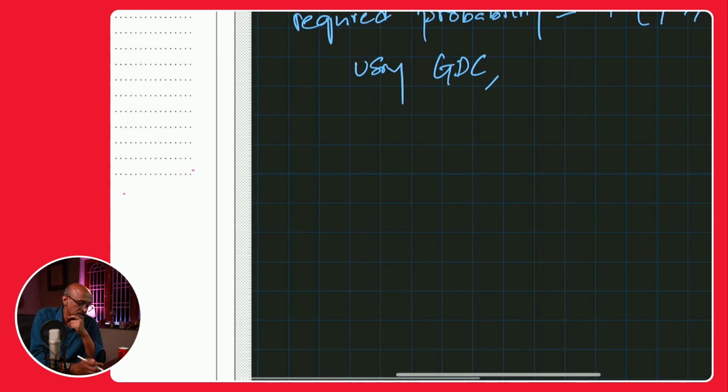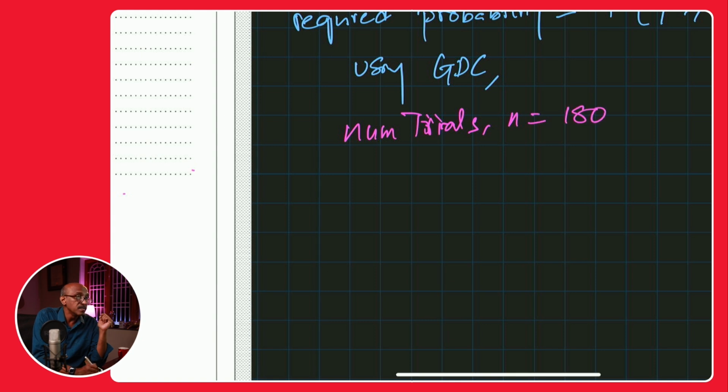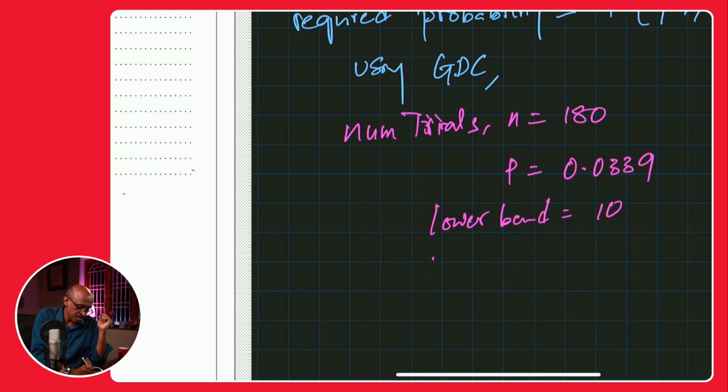Using GDC, I can write down the things that I'm seeing. Number of trials, N equals 180, and probability of success, P is 0.0339, and lower bound is 10, and the upper bound is 180.